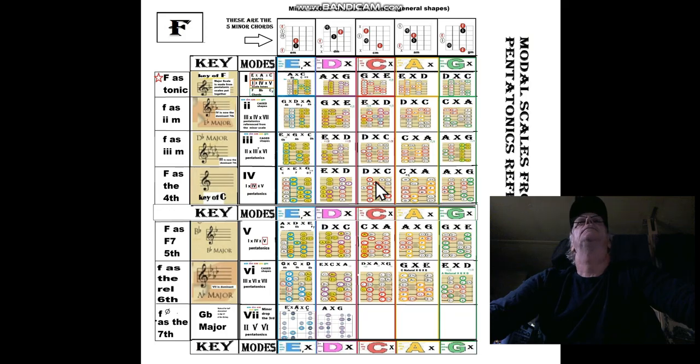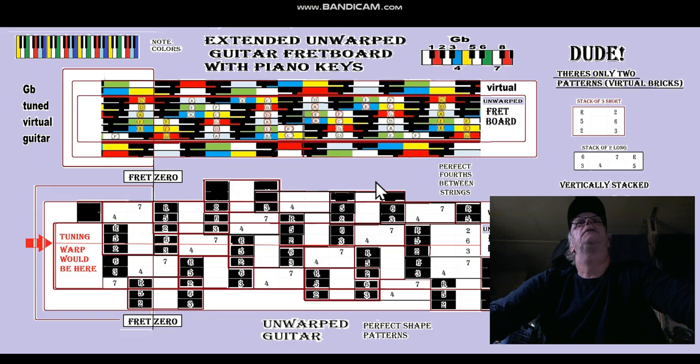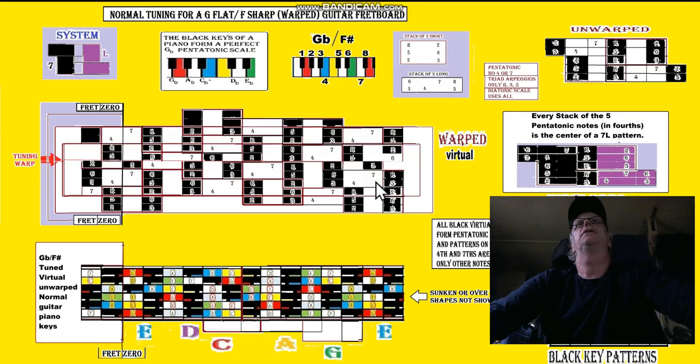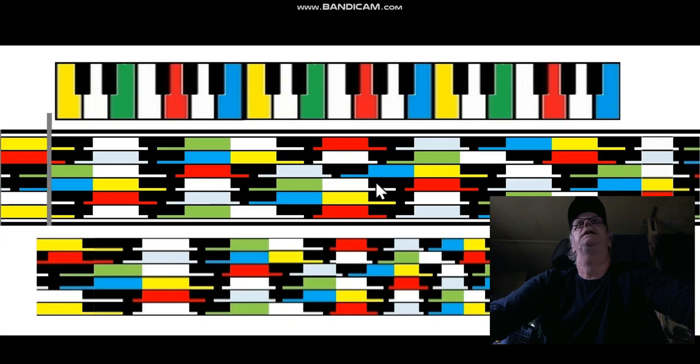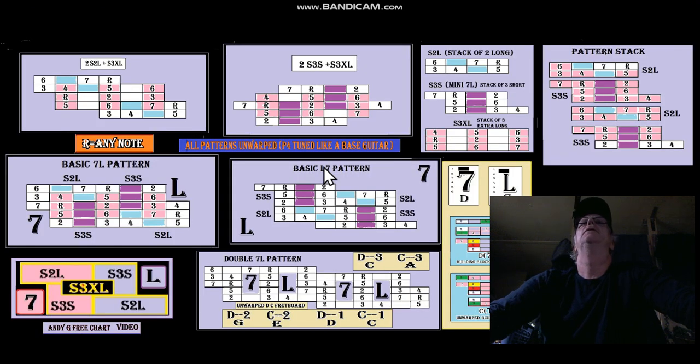All right, so we're going backwards in time. I've done a lot of charts on this stuff. Extended unwarped guitar fretboard without piano keys and all this stuff. And it looks very complicated, but it isn't. There's a theme in each one of them that comes through.